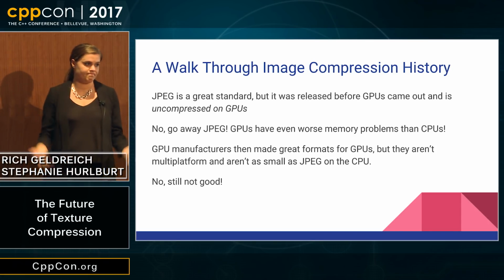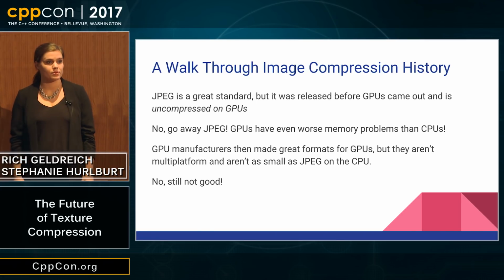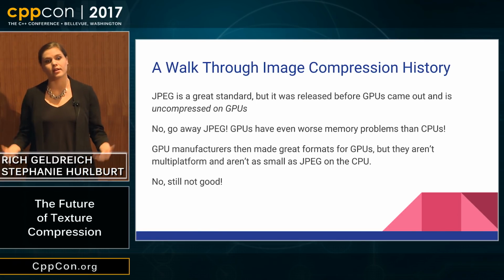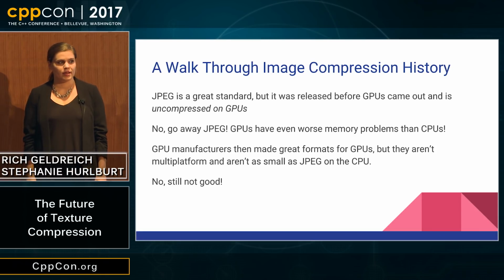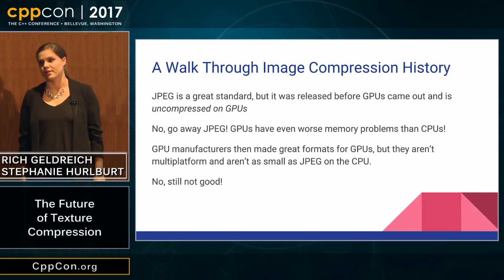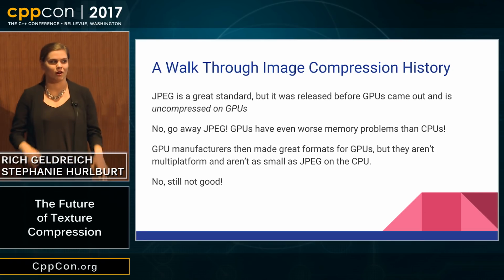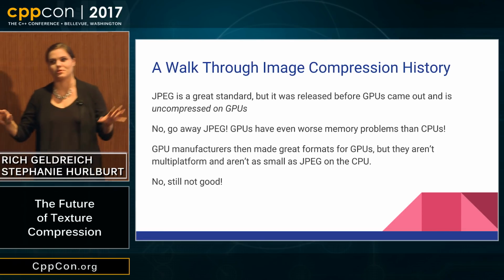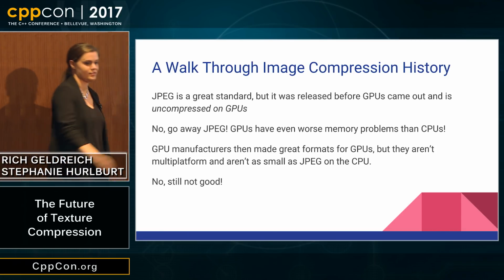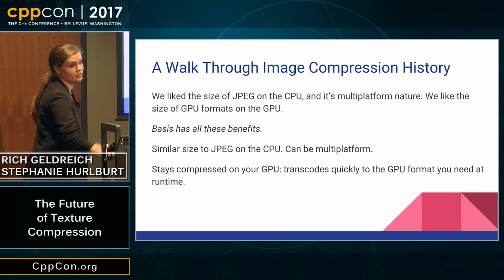They made their own GPU formats with hardware acceleration that worked great on GPUs, but the problem is they were pretty big on CPUs. And it was a fragmented ecosystem, as I'm sure you all are familiar with, can happen. They all released their own, and it didn't work on their competitor's GPU, and it was a little bit of a mess. So that actually wasn't a good solution.